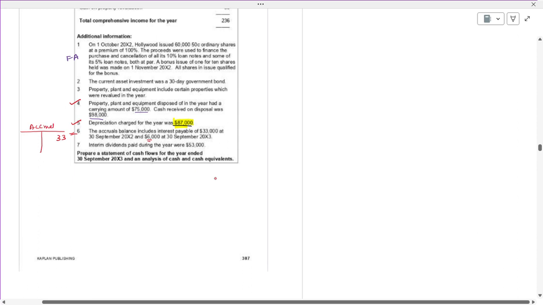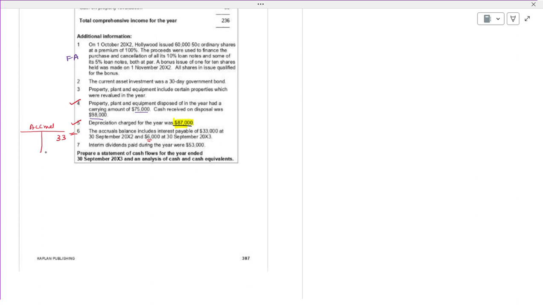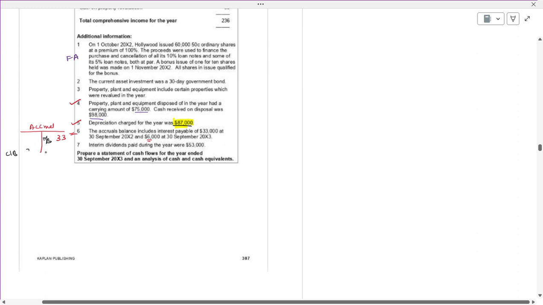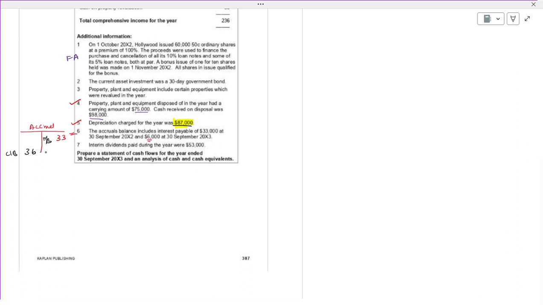Liability opening balance will be on the credit side, and closing balance will be on the credit side. How much is there? 36. They say the balance includes interest payable, meaning the 33 is the interest amount. Is it right? Again, we will do interest separately.